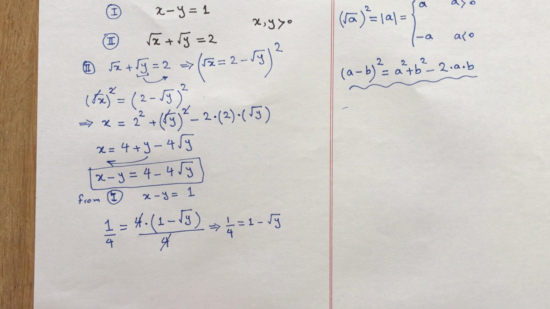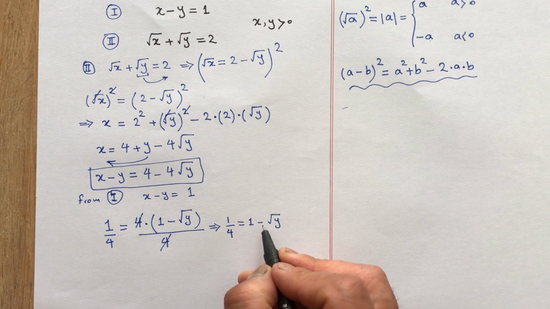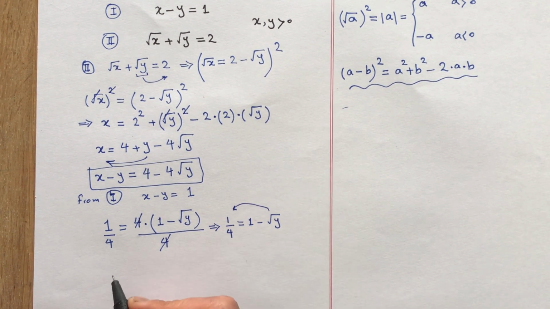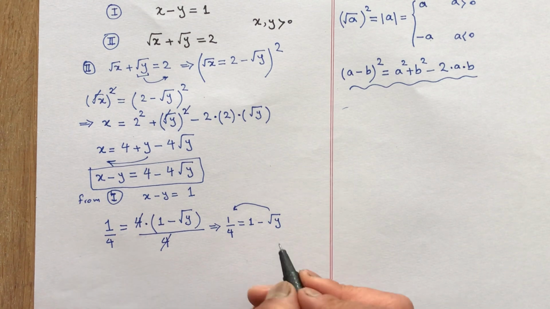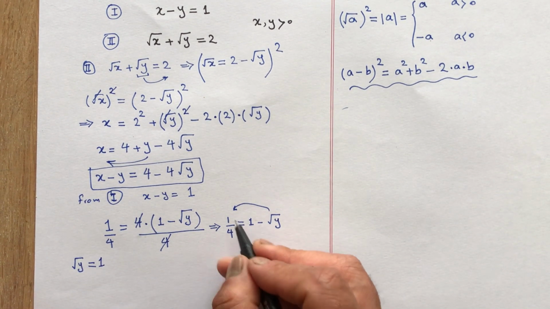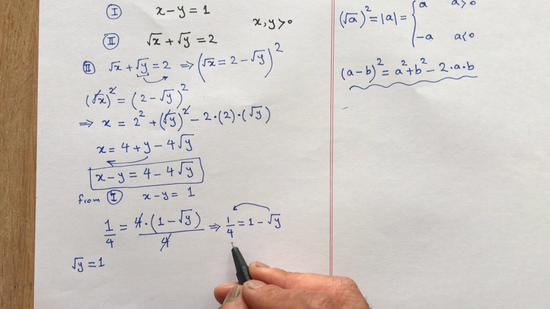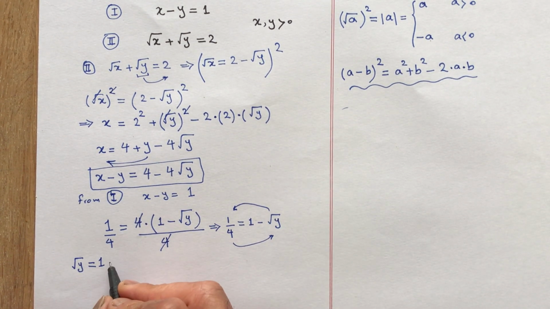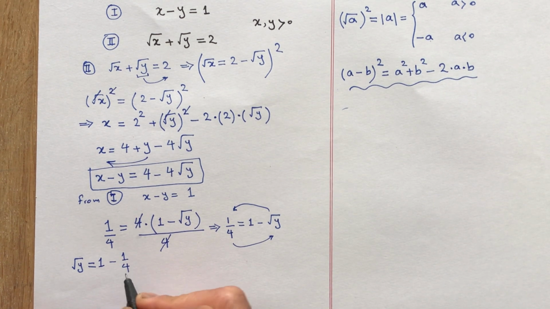Okay, now we can take this minus square root of y to the other side and flip the sign, so square root of y equals 1, and we can also take this 1 over 4 to the other side and flip the sign again, minus 1 over 4.